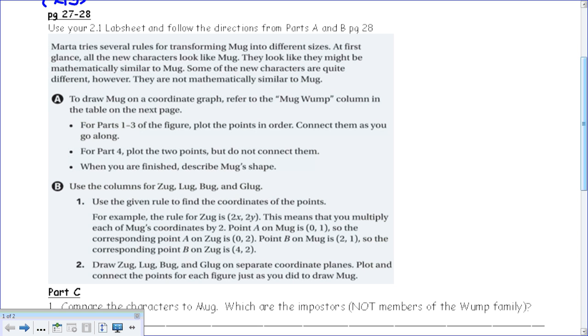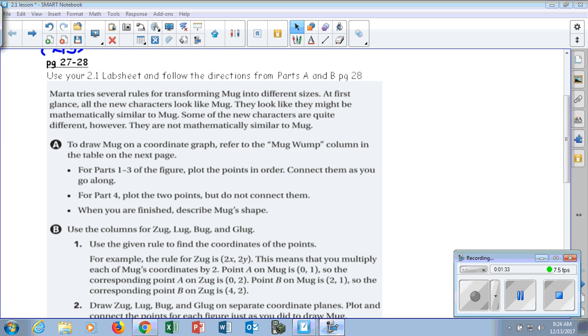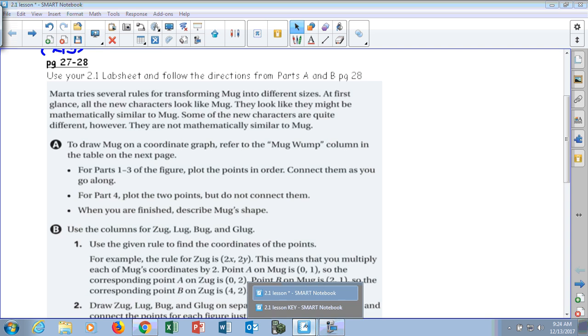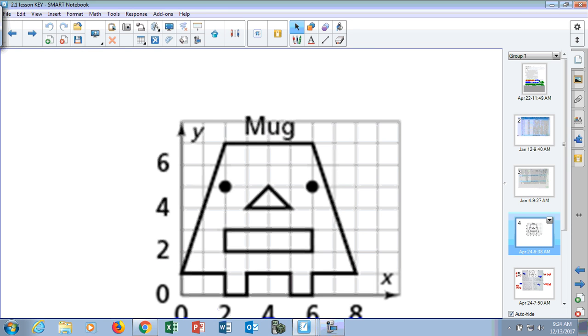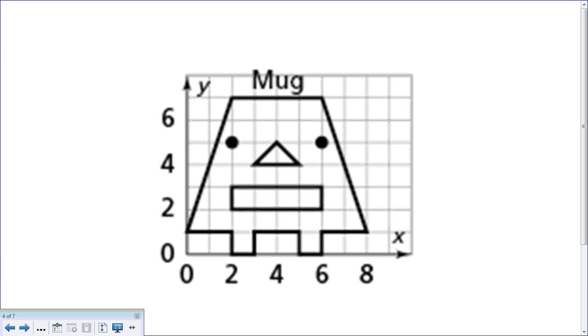So a lot of the Mug pictures are already there. And I will put him up here. I've got a picture of him. That's Mug.